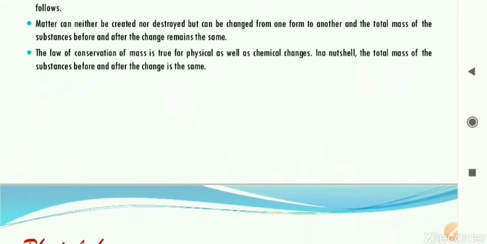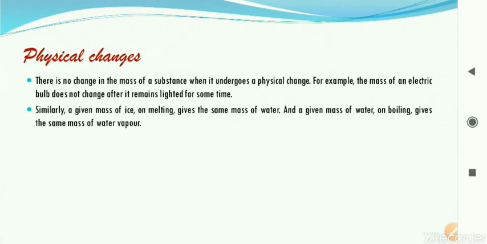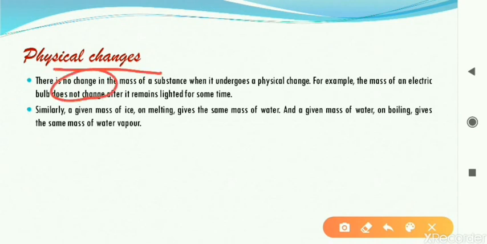The physical change example I already gave you: ice to water. If ice changes to water, the molecules of the ice have some mass and the molecules of water also have some mass. What this law says is that the mass of the molecules of the ice and of the water should be the same. In a physical change there is no change in the mass of the substance.